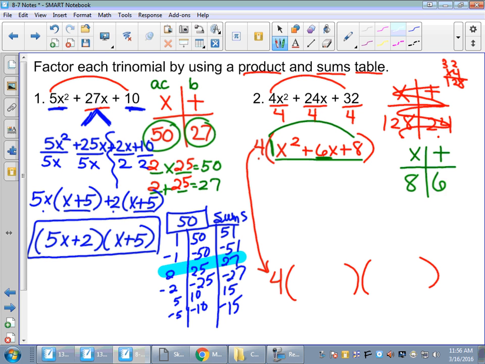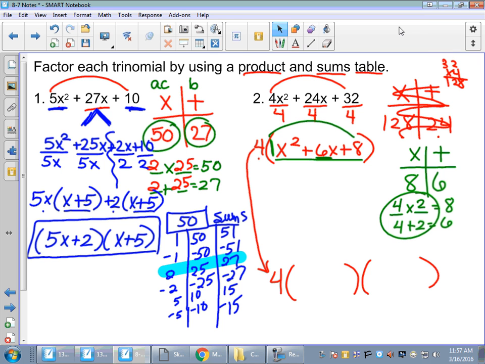And if you go down to find positive 8 in the box, and where you find the sum of 6, the two numbers that multiply to give you 8 are 4 and 2, and the two numbers that add to give you 6 are 4 and 2. So that tells me that that was the middle term before it became 6x. So we're going to go ahead and use 4 and 2.